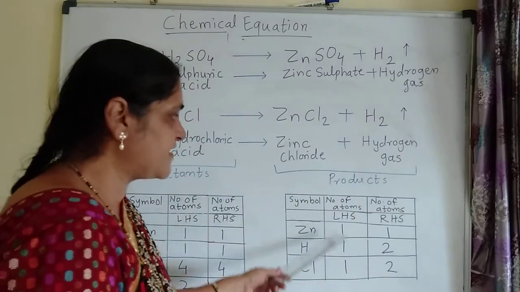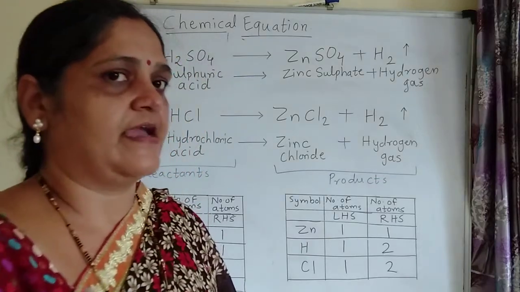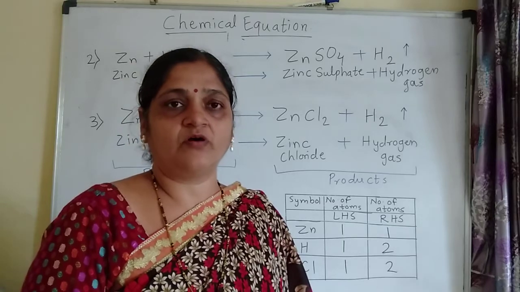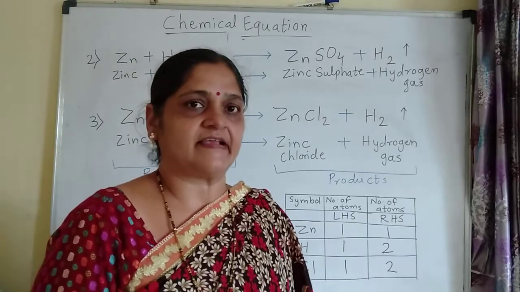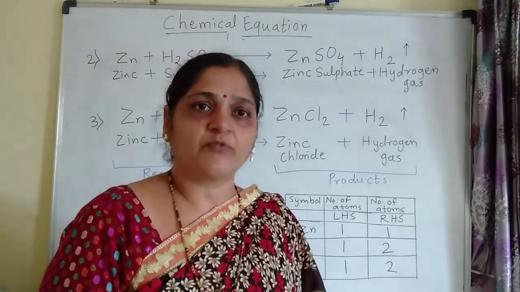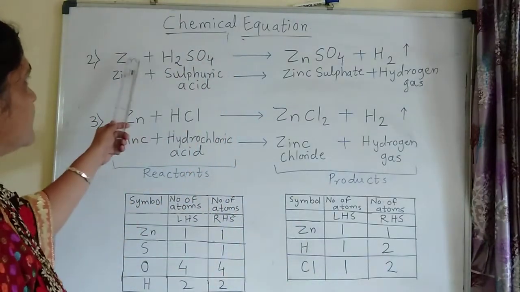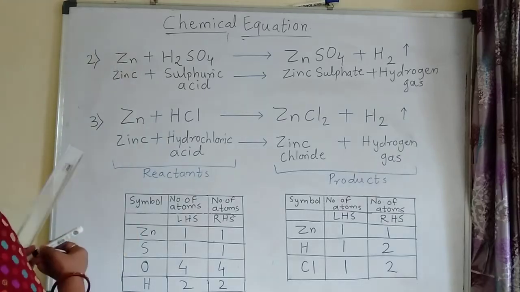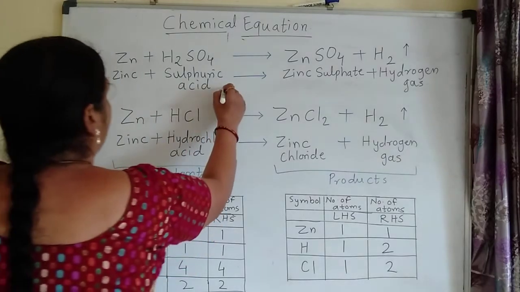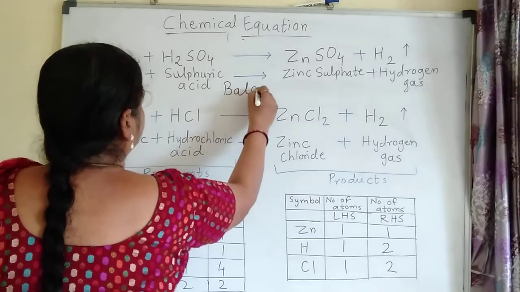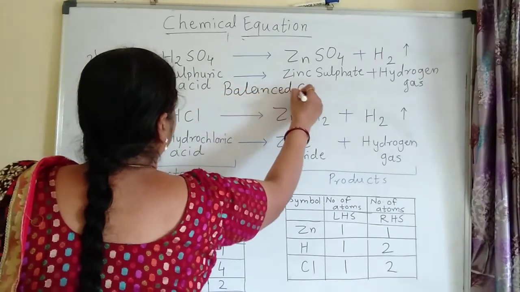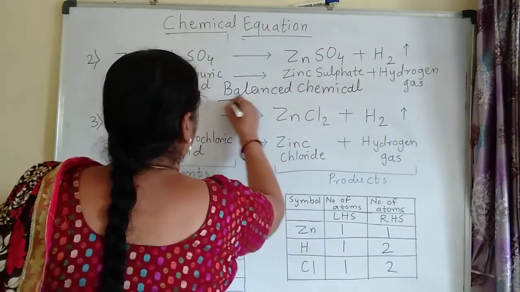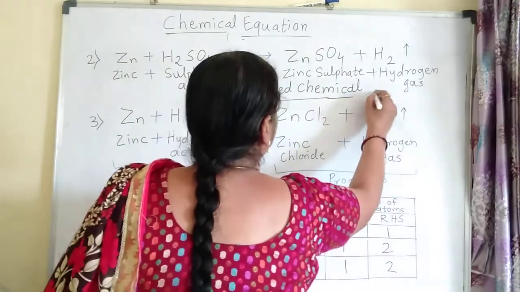So from this tabular form we have got a clear idea that for each element the number of atoms is the same on the left hand side and right hand side, that is on the reactant side and product side, for the second reaction. So the second reaction is the balanced chemical equation. This equation which we have written is the balanced chemical equation.